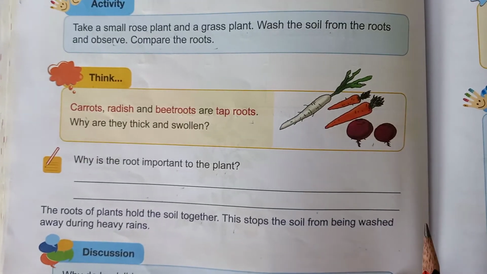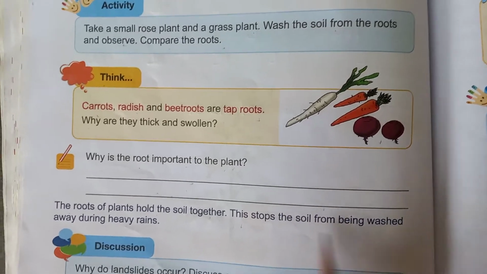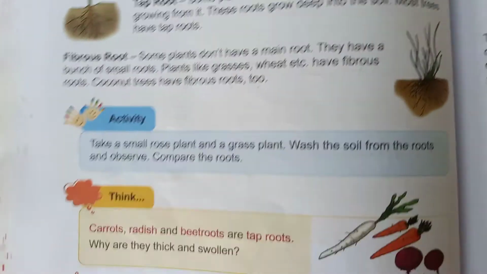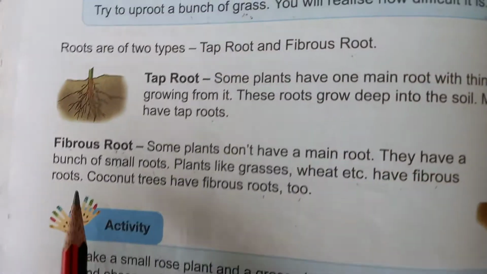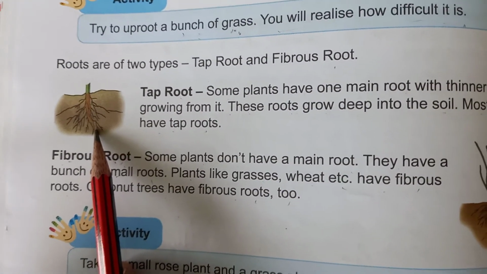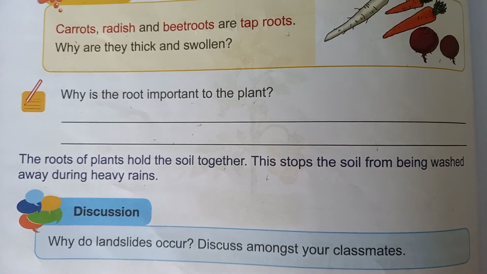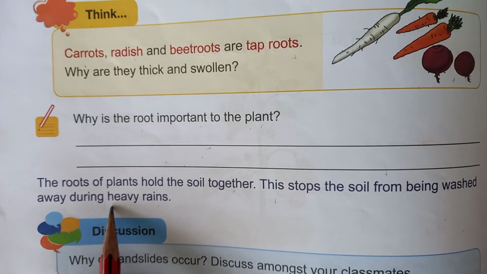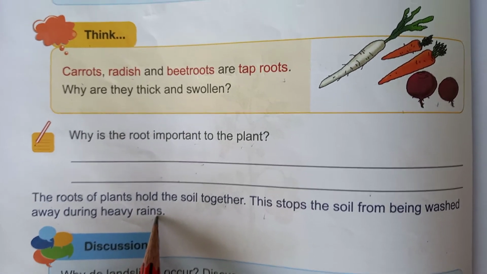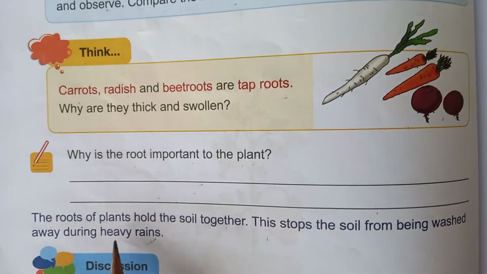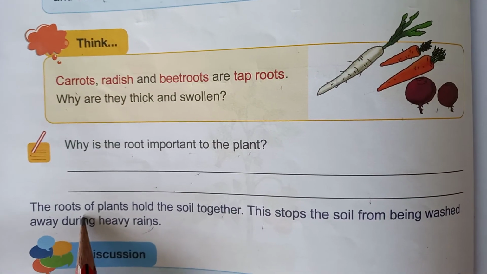This stops the soil from being washed away during heavy rains. These types of roots help the plant to stand firm. Nowadays it is the rainy season, and even if heavy rain comes, the plant will stand erect.